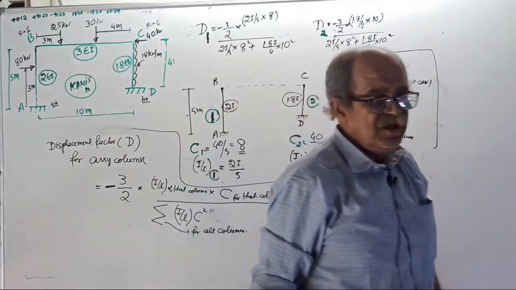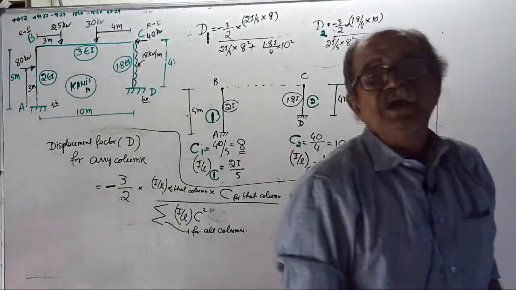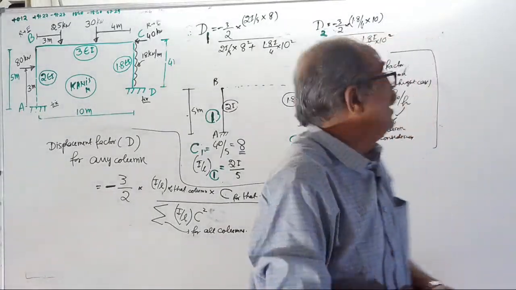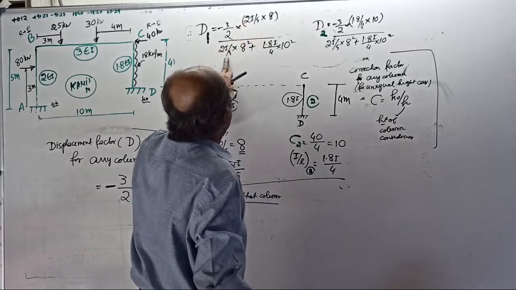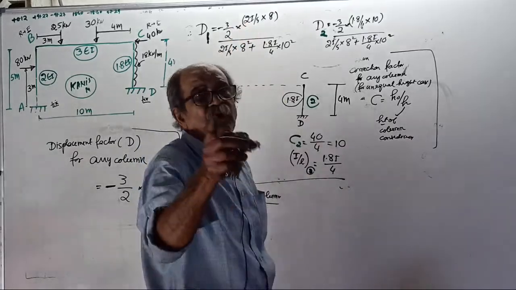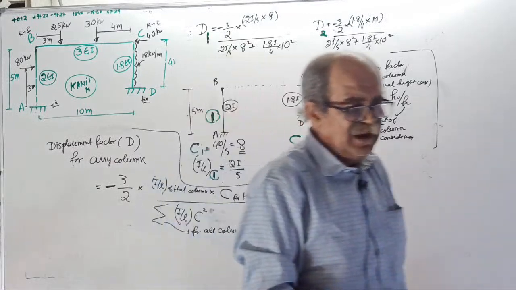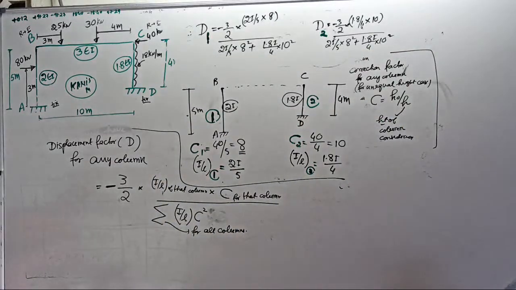Crystal clear? Now, in case columns are of equal height, what will happen? 3 by 2 into 2I by 5 by 2I by 5 plus 1.8 by 5, not 4. Crystal clear? Go through the recording 3-4 times.